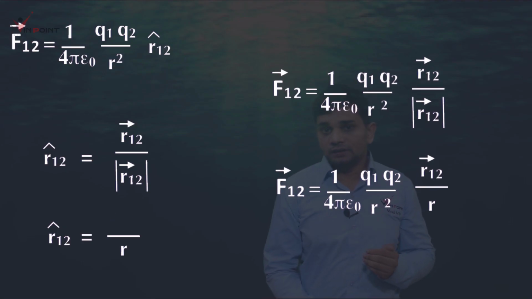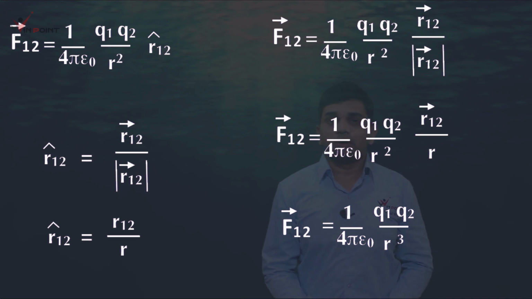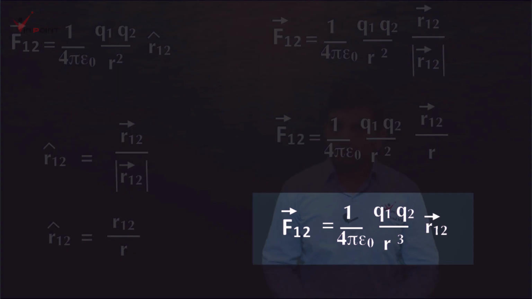So we can write vector F12 equal to 1 by 4 pi epsilon 0 q1 q2 by r cube into vector r12. This is the vector form of Coulomb's law. We are using r cube, and this r cube is the magnitude of the vector.